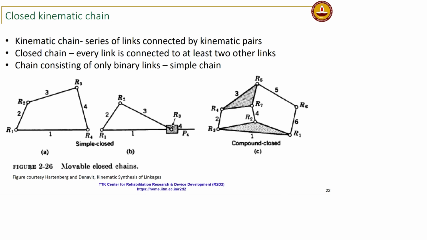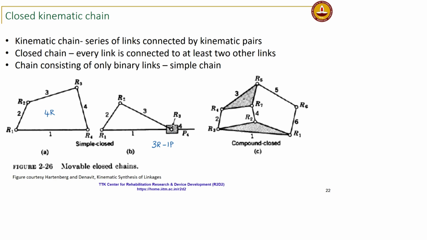When you fix one of the links, it becomes constrained motion between some input and some output. There can be more than one input for a single output. So, this is called a 4R kinematic chain. You have 4 revolute joints in this kinematic chain. This would be called a 3R 1P. There are 3 revolute joints and 1 prismatic joint.